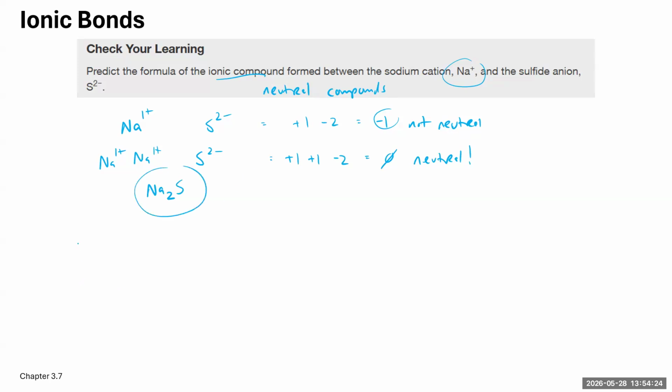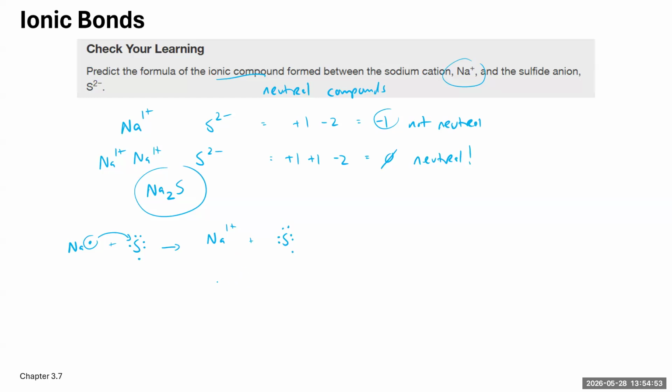All right, let's do it the other way. Na with one electron. This is 1, 2, 3, 4, 5, 6. Well, sodium gives away that one electron, and it ends up being sodium 1 plus. This sulfur, but it only has 7 electrons.